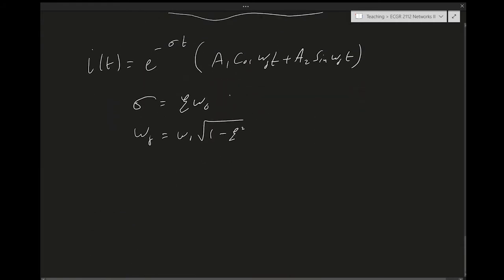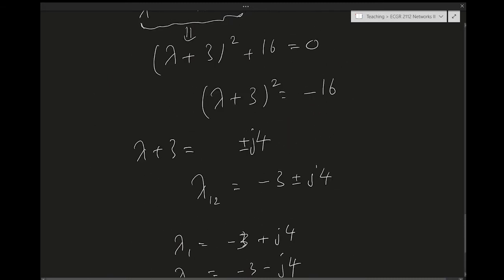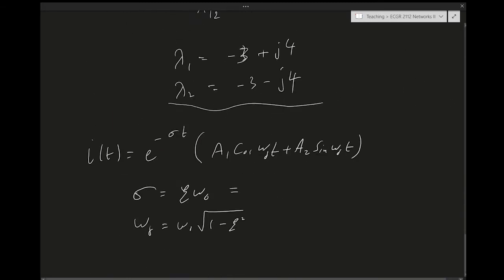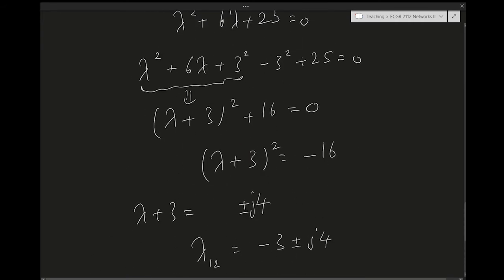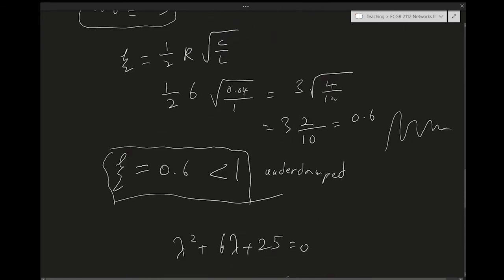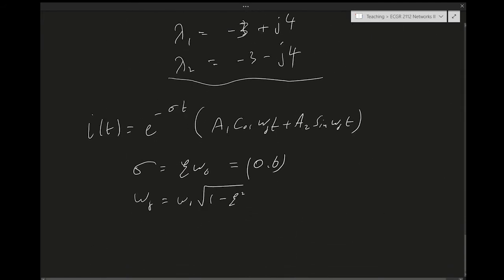Right? So zeta turned out to be what? Zeta turned out to be 0.6. And then omega naught turned out to be 5, right? So sigma is 0.6 times 5. And omega d is going to be 5 square root 1 minus 0.6 squared.